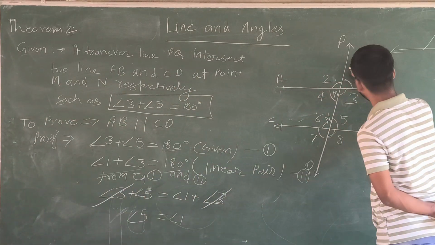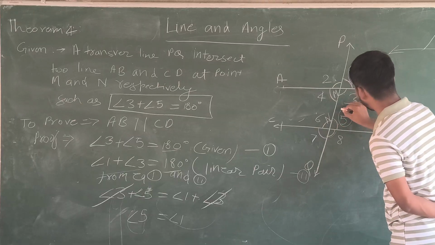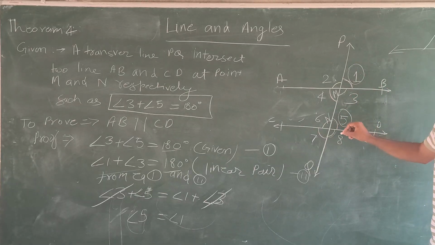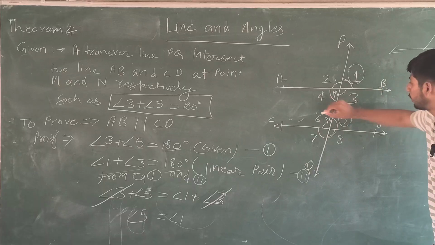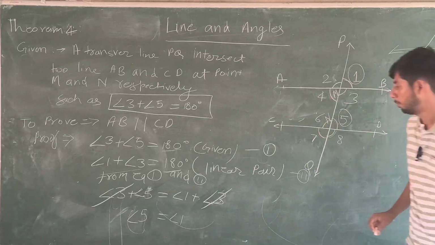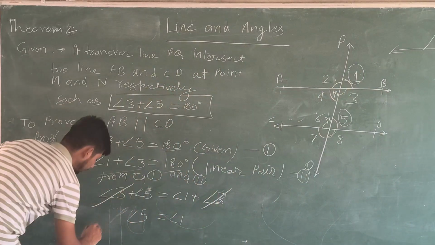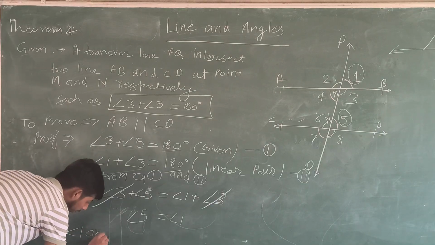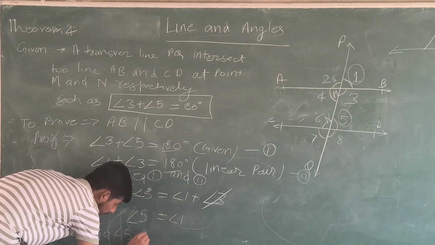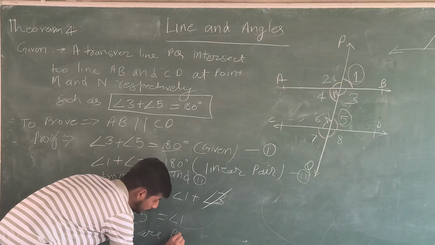And look at here in the figure, angle 1 and angle 5 are corresponding angles. So if corresponding angles are equal, then the lines should be parallel. So you can write here angle 1 and angle 5 are a pair of corresponding angles.